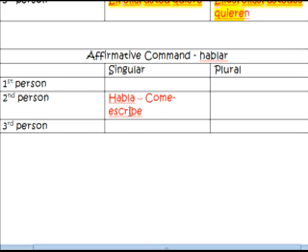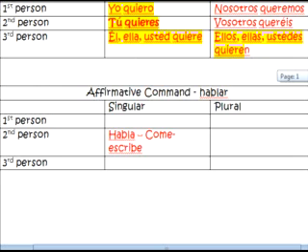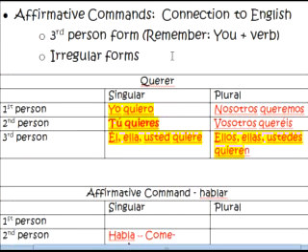Speak, eat, write. As you know, also, there are some irregular forms. Irregular forms, you can't do anything but memorize them. There are some similarities which will hopefully allow you to remember those, but you simply have to memorize those.